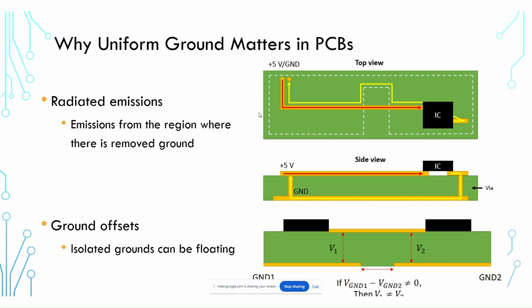So I mentioned a few different times about grounding with the return current. Here I have a graphic that I made many years ago, which is intended to illustrate some reasons why we don't want to have split grounds or totally disconnected grounds, as is sometimes recommended when looking at mixed signal PCB design guidelines.